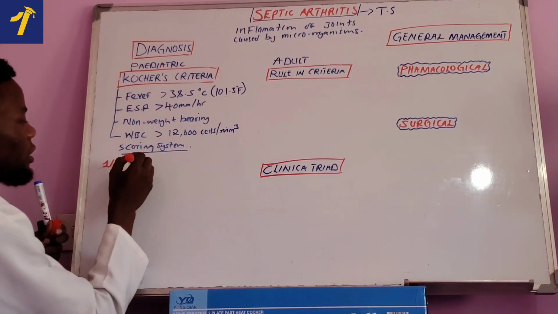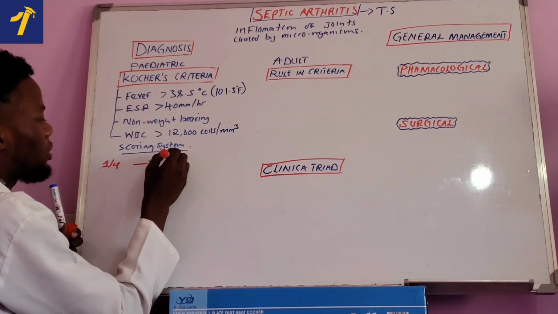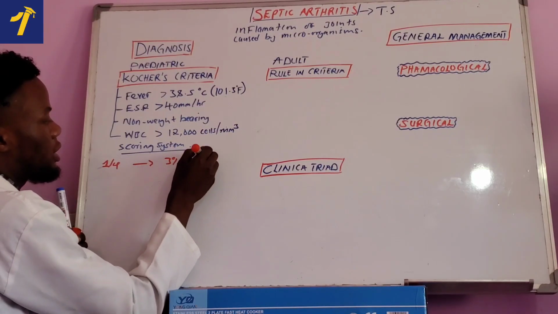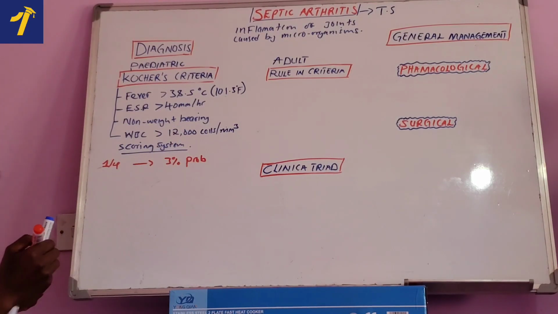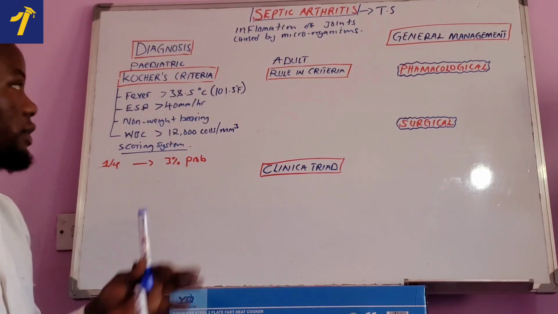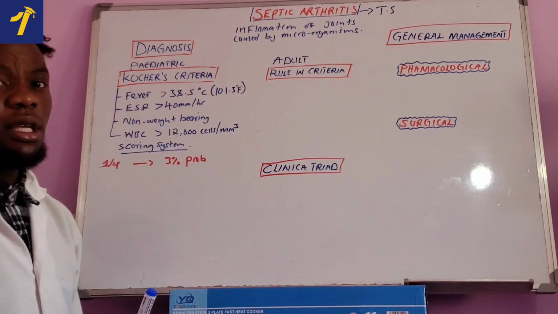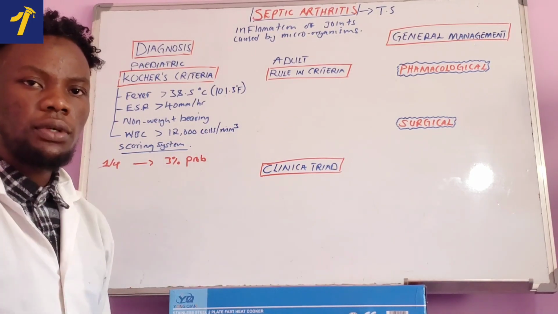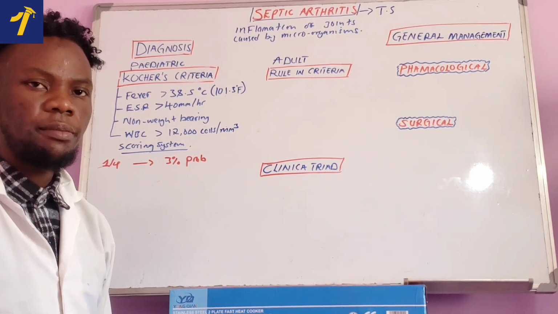With 1 out of 4, it will be 3% probability, which is not that much. If someone is having a fever, basically you're just going to say, okay, the probability of this person having septic arthritis is 3%.